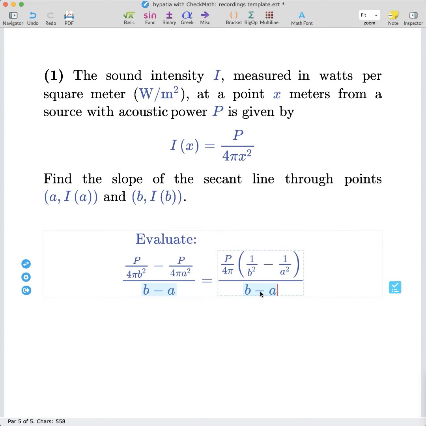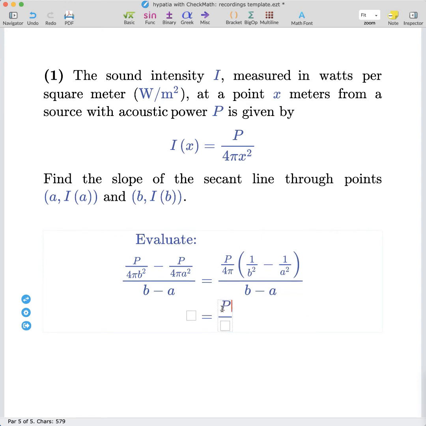And so we see that checkmath has marked this as conditionally correct. This is important because we know that B cannot equal A, otherwise we'd have 0 in the denominator. So checkmath is just warning us to make sure that we know this, and we do.